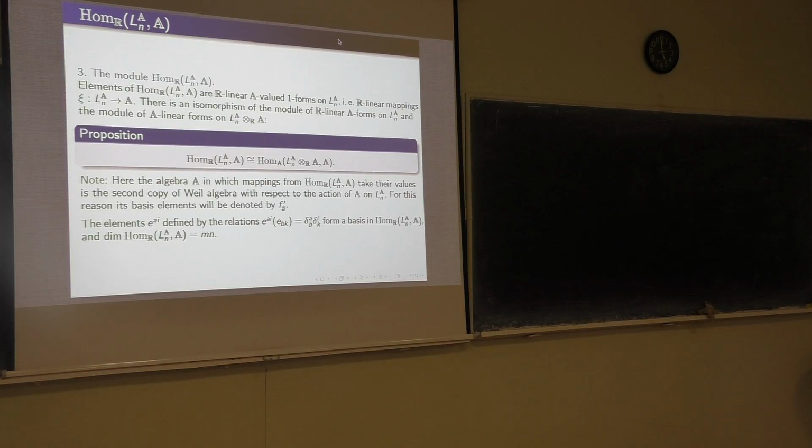As far as there are two copies of algebra A in this tensor product, we usually denote the elements from the second copy with a prime.